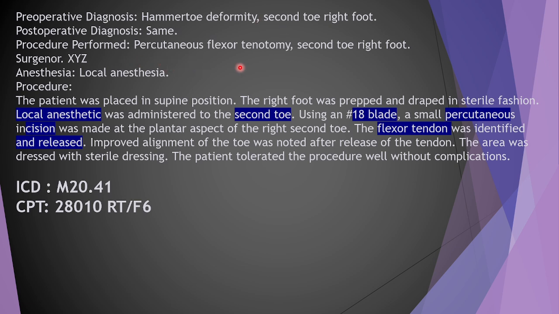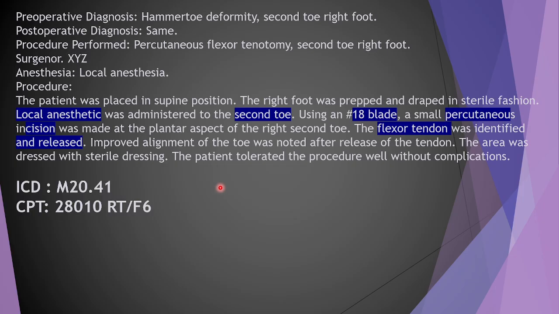Then why was hammertoe correction not performed in the procedure? Anyone can see here, no additional procedure has been performed. K-wire fixation, no. Arthroplasty, arthrodesis, no. By looking at that, only the flexor tendon got released. So this procedure is only percutaneous flexor tenotomy, as it is written here.